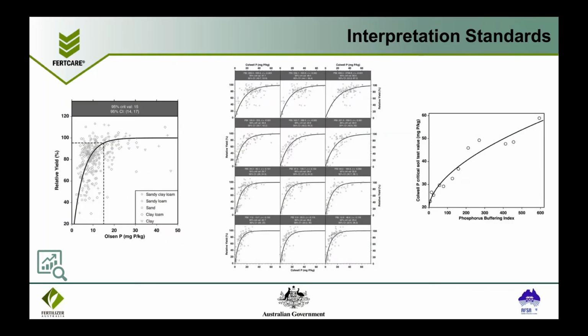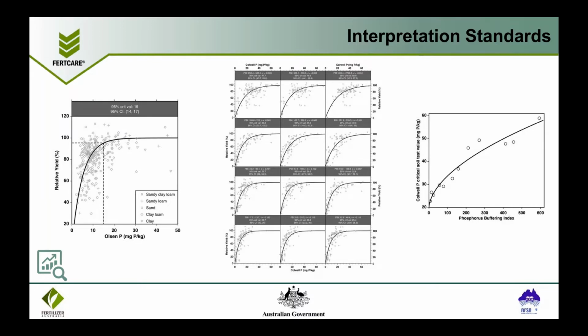As a bit of an example, these are some figures that have come out of a recently published paper as part of the Better Fertilizer Decisions for Pastures work. It's in Crop and Pasture Science, Gooley et al., just published in the last month or so. What you'll find in that publication are representations of the response functions and the critical values that have been derived from these national collections of data.